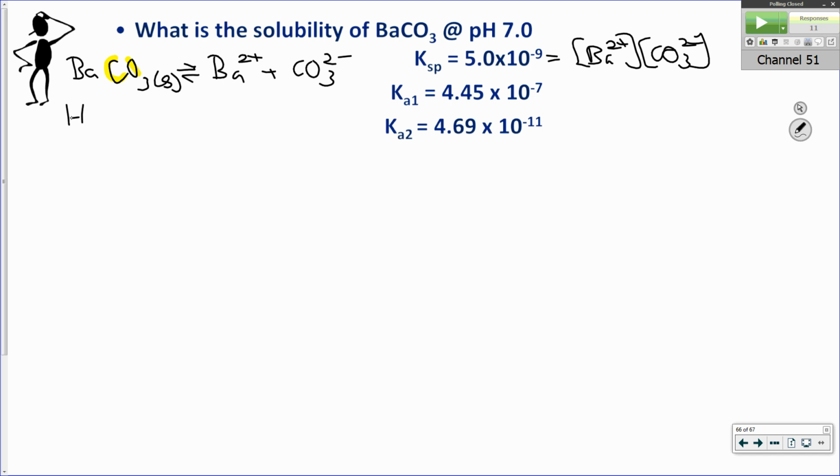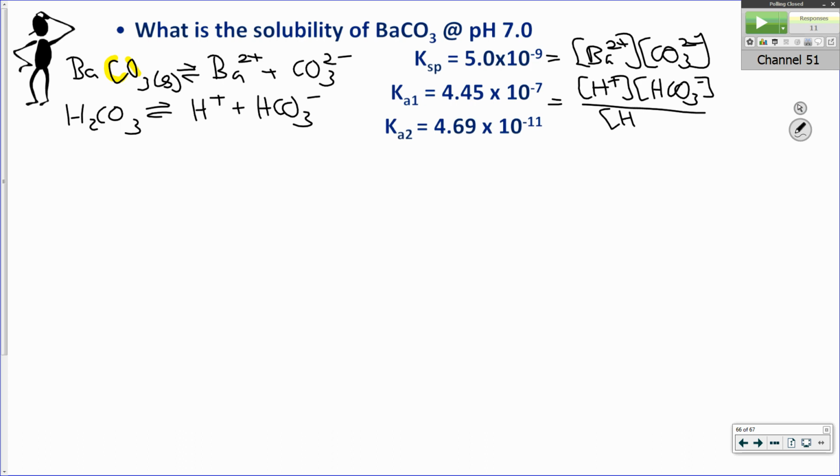All right. Carbonic acid dissociates to form H+ and bicarbonate. I can write a K1 expression for that, products over reactants. Right.